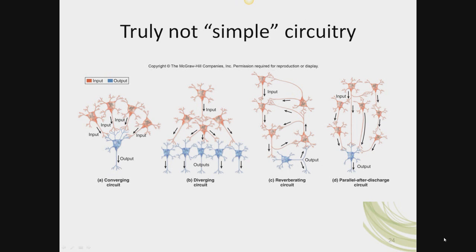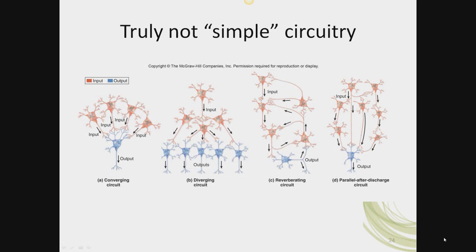We even can have circuits of neurons where an upstream neuron talks to a downstream neuron, talks to another downstream neuron, talks to a fourth neuron, and then the information can loop back up again.